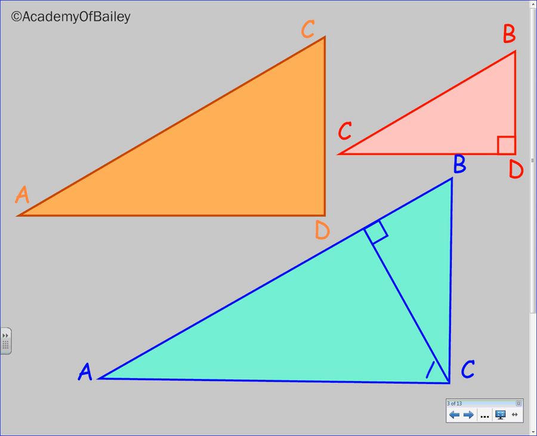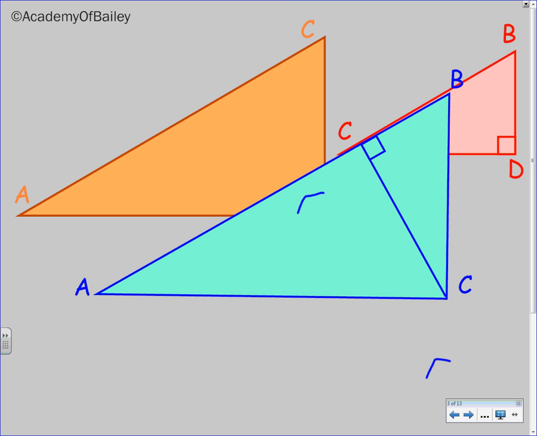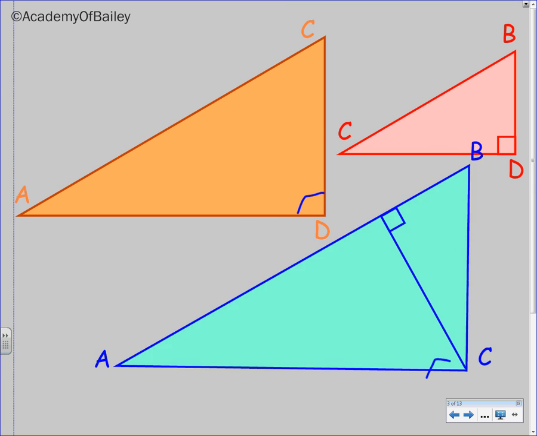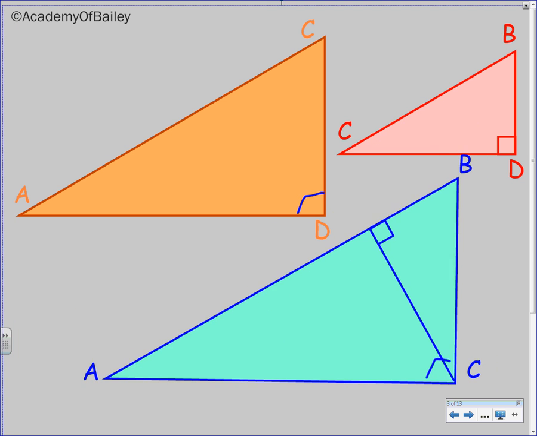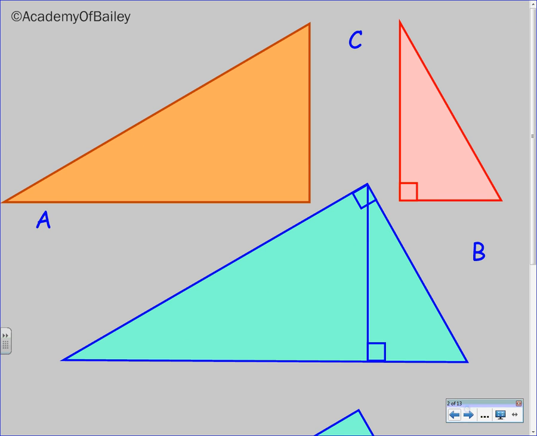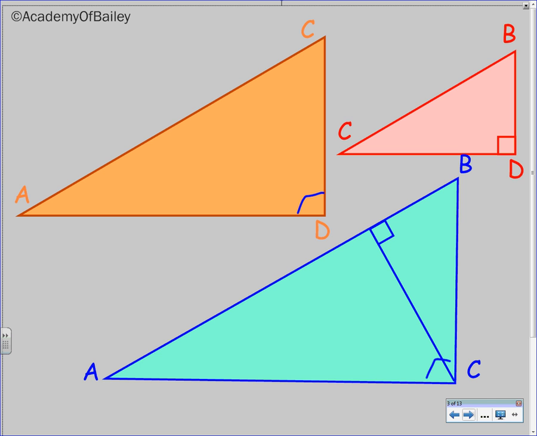Remember that this was a right angle there, and this was a right angle. This triangle has been rotated for you so that they all are pointing in the same direction. You see, it used to look like this, and I pointed them all in the same direction.